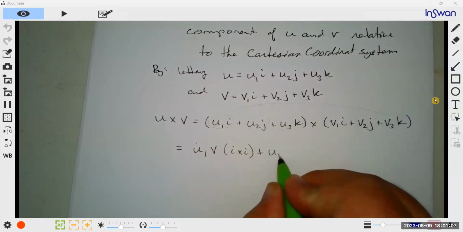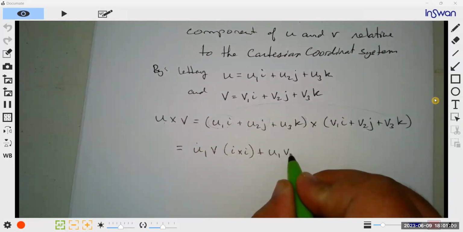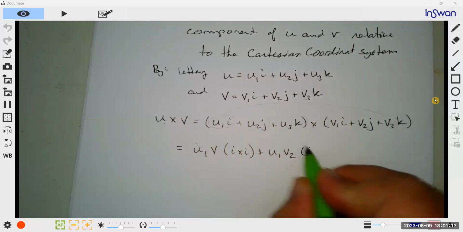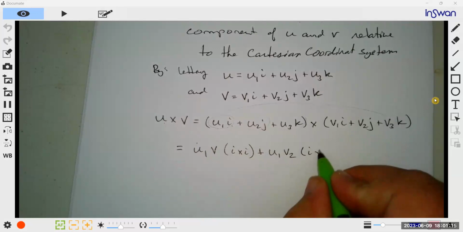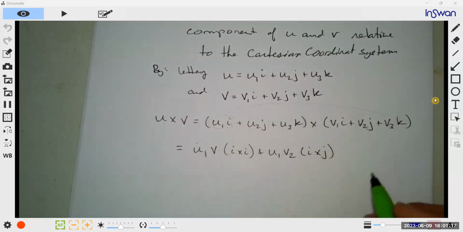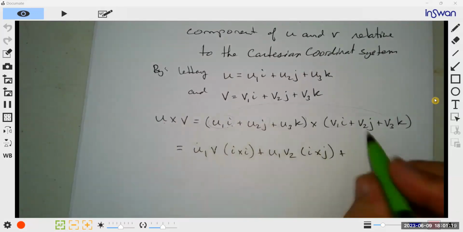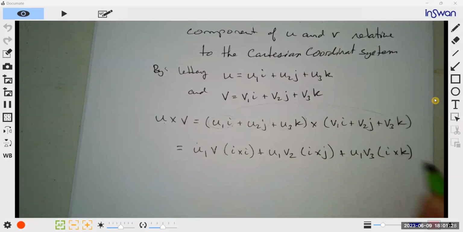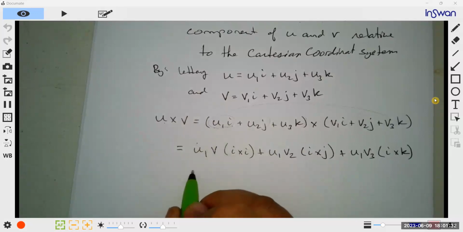Plus U1 times V2, that's I cross J. U1 times V3, I cross K. That's the first one gone.